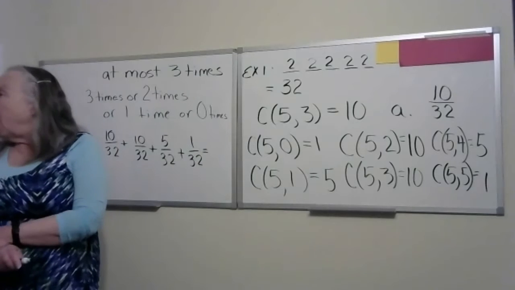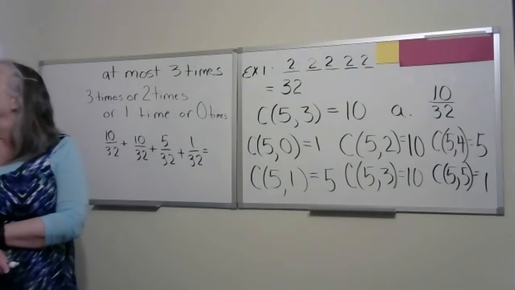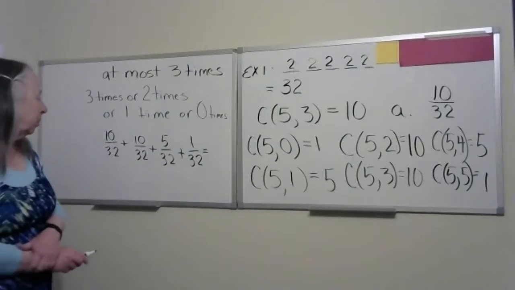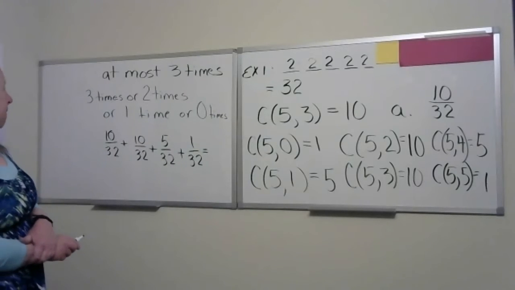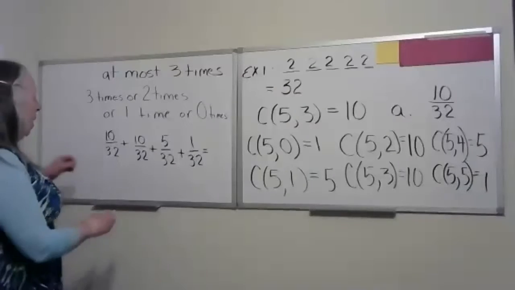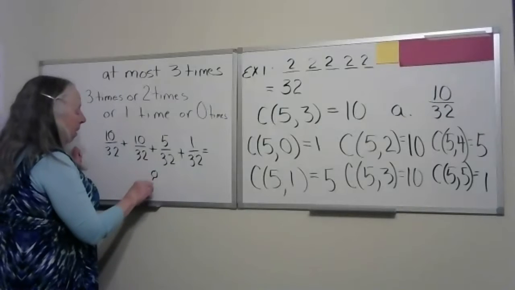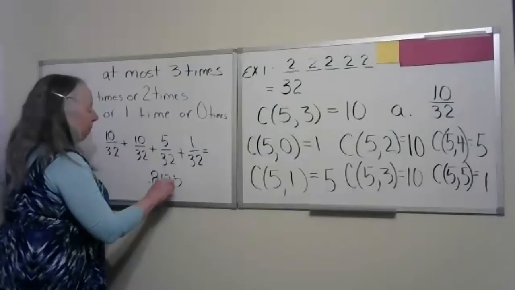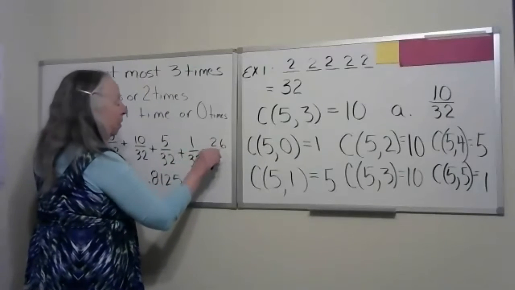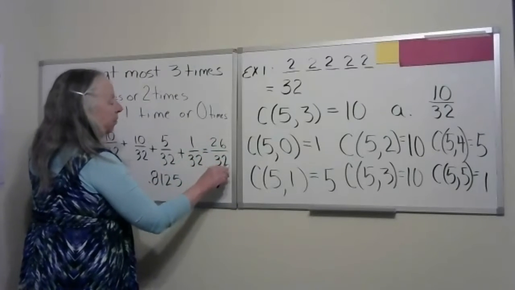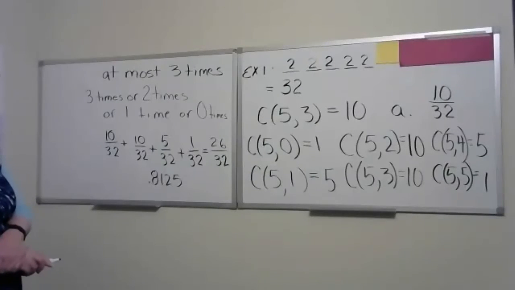So what do we wind up with for our answer? .8125. Okay. And this was 26 over 32? Yes. Okay. Does that make sense to everybody? Question on that.